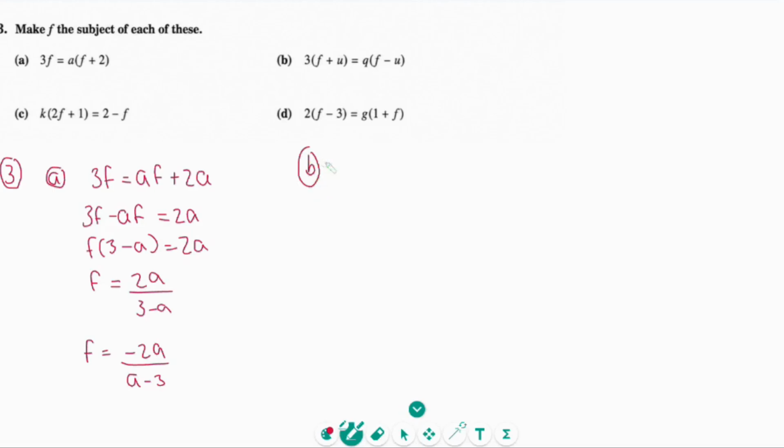B. Expand your brackets. 3f plus 3u is equal to qf minus qu. Making f the subject, so I'm going to minus qf from both sides. Don't forget that minus belongs to that q.